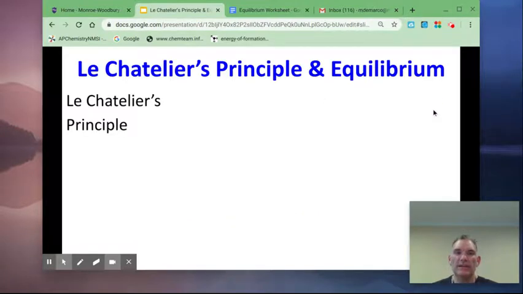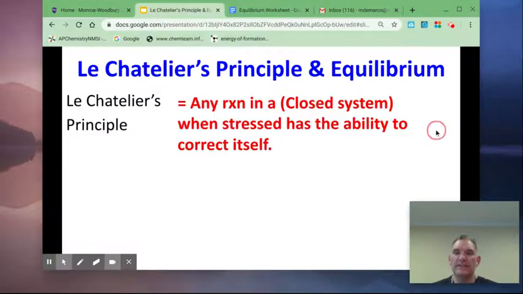When we're talking about Le Chatelier's principle in equilibrium, we first have to know what the principle is. The principle states that any reaction in a closed system, when stressed, has the ability to correct itself. If we use an analogy, closed system means the test tube, beaker, or flask has to be sealed.